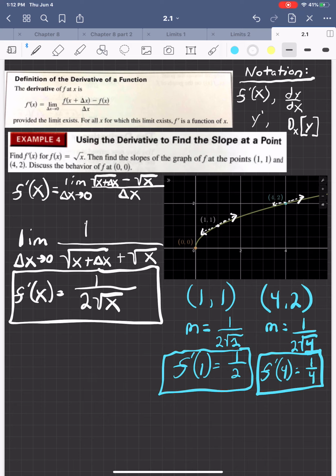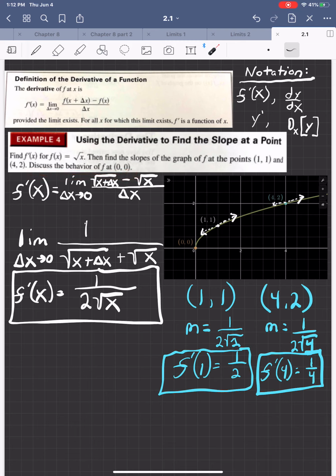The slope of that tangent line is the slope of the tangent line to that curve at that point. The slope is 1/2. Slope here, 1/4. Now it asks us to discuss the behavior at the point (0, 0).